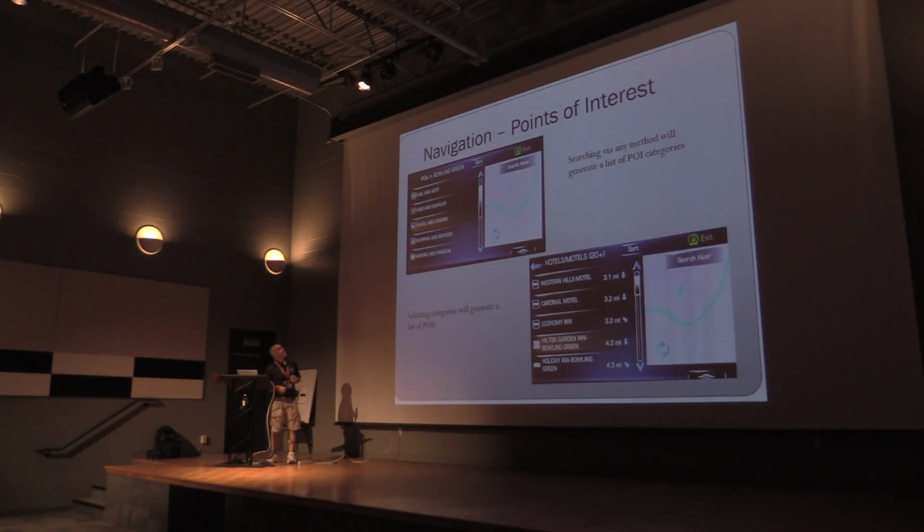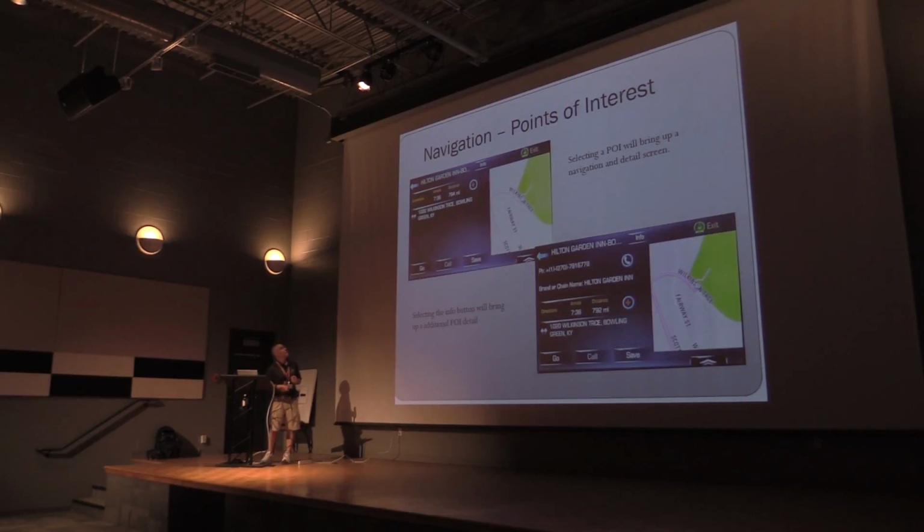Exactly. All right. Continuing on points of interest, searching via any method, and no matter what vehicle year you're in, is going to bring up a list of POI categories. Selecting a category is going to generate a list of POIs. Selecting a POI is going to bring up a navigation details screen. This is the Go Save screen that I was referring to.